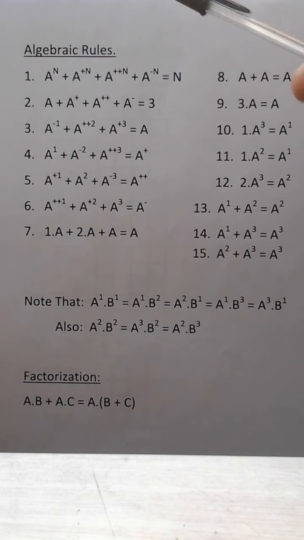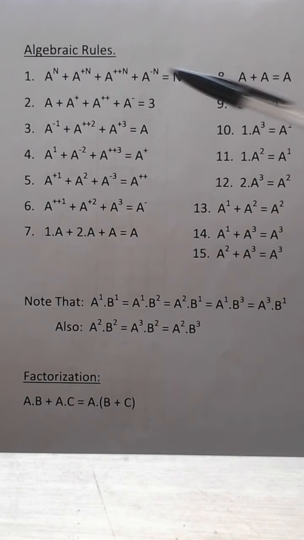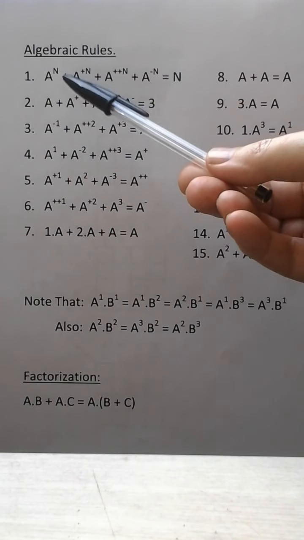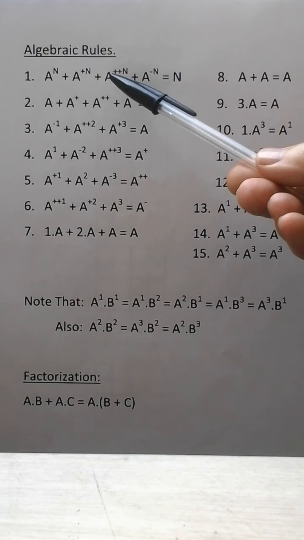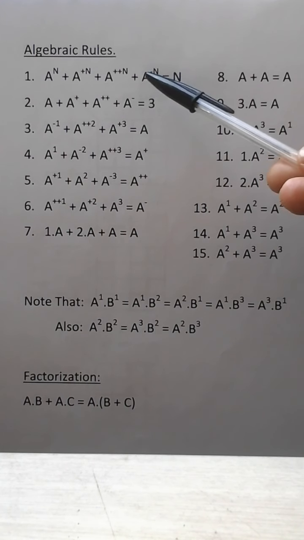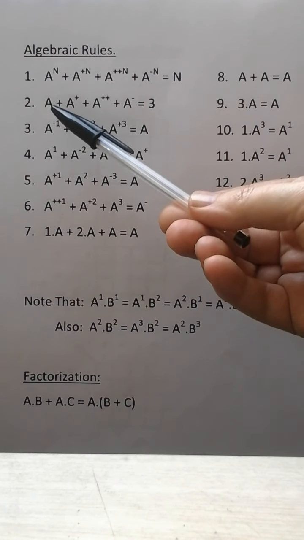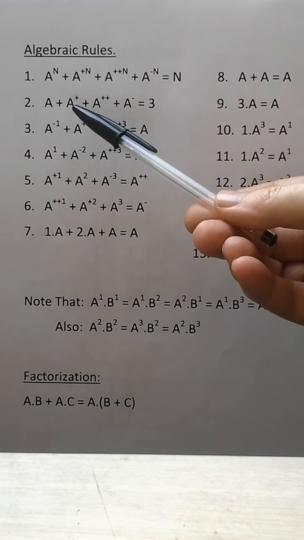Here we have some algebraic rules. A equals n max, A plus n max, A plus plus n max, A minus n equals n. Like I say, n equals 1, 2 or 3. A max A plus max A plus plus max A minus equals 3.